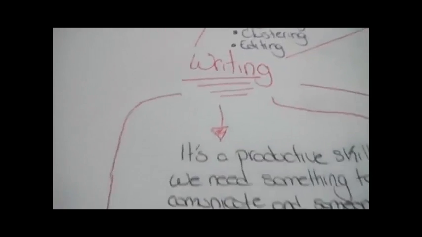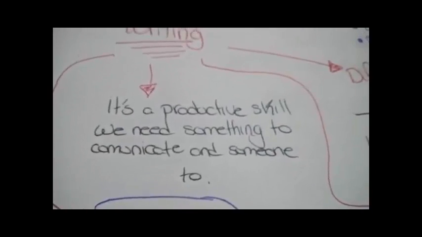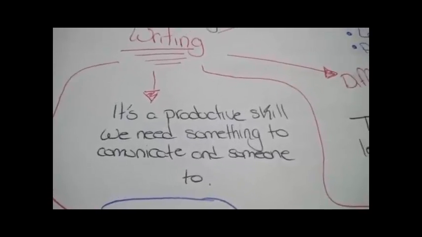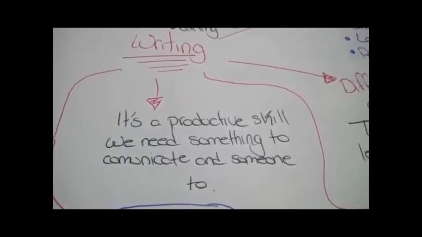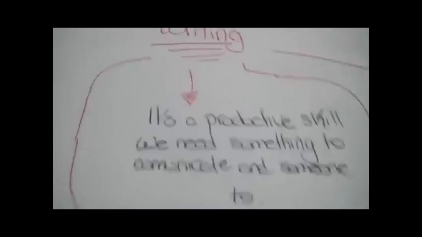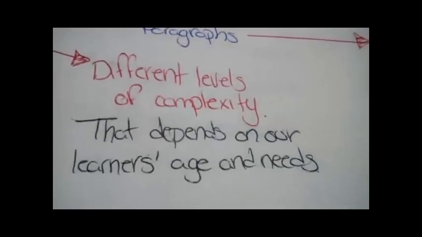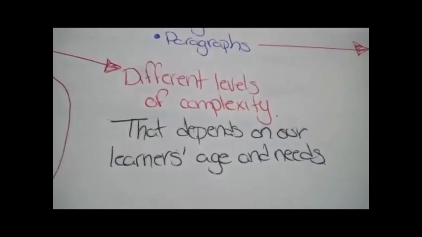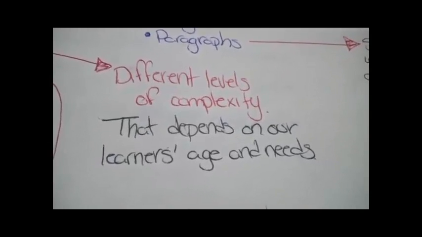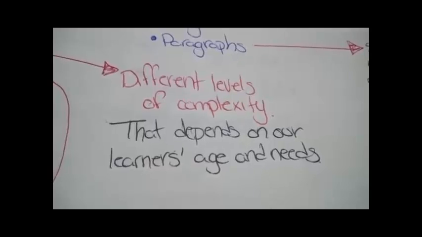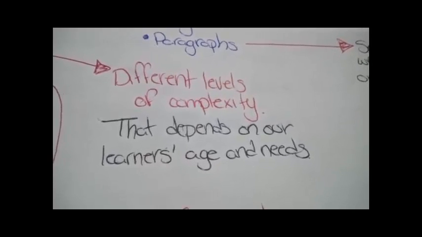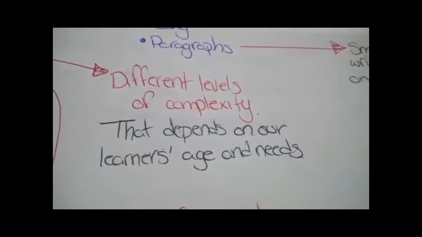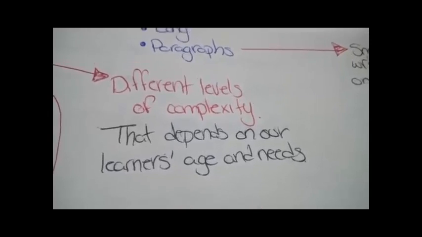Writing. Writing is a productive skill. We need something to communicate and someone to communicate with. As teachers, we need to know that different levels of complexity depend on our learners' age and needs.